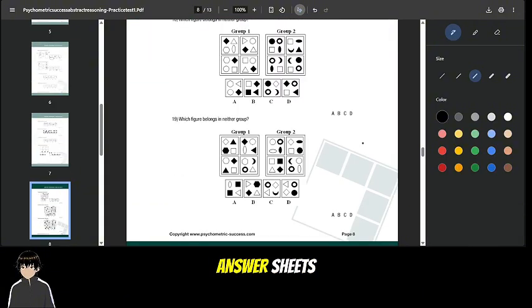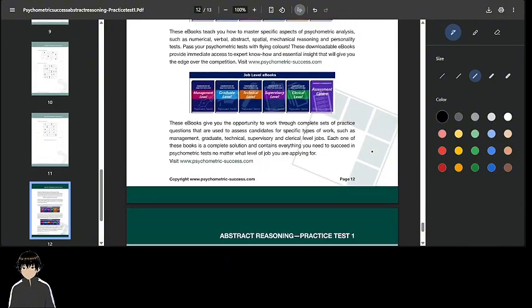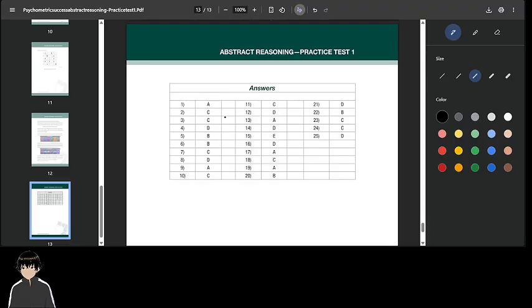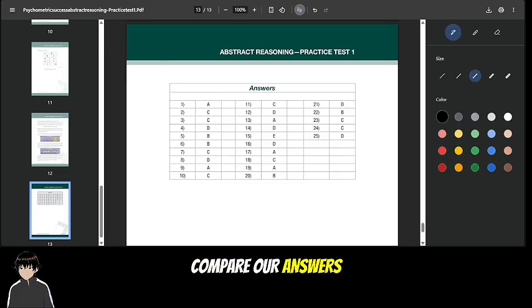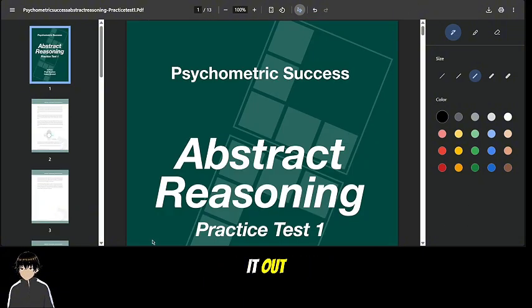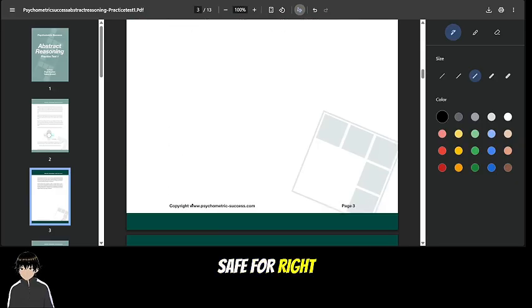Let's check the answer sheets. So the answer is ACC. Let me just take a screenshot of this and we can compare our answers. Just 1 to 10 though. I didn't answer the other numbers, right? So let's check out C for right.